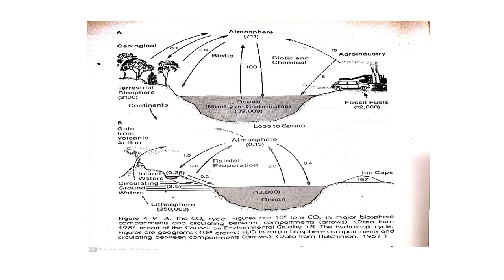This water is evaporated into the atmosphere, from where it condenses and falls in the form of rain and is taken up by the plants, and the inland water reservoirs are recharged, and some of it goes to the lithosphere. So this is the whole cycle of the water.